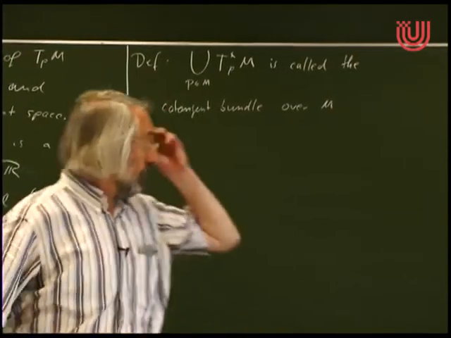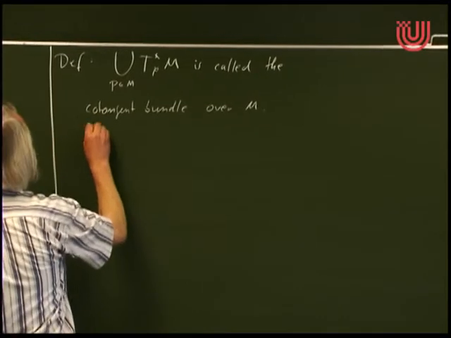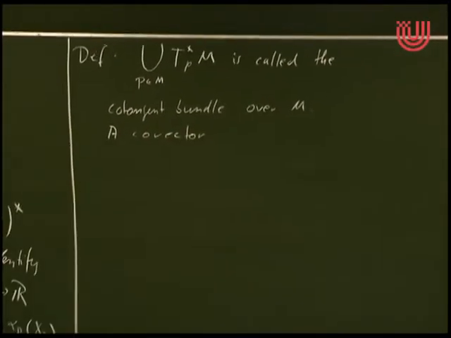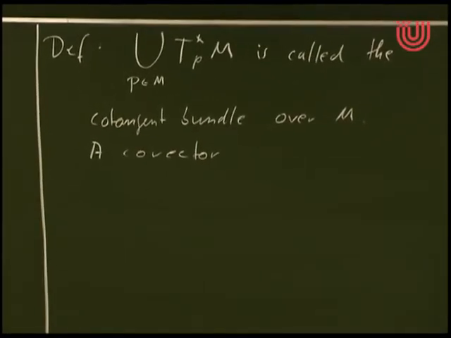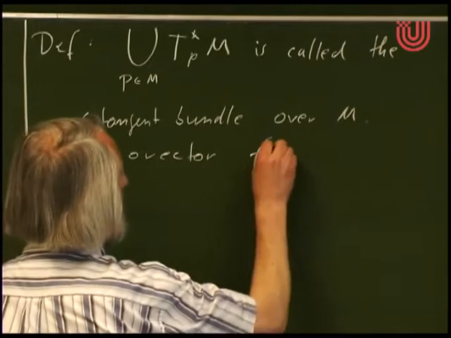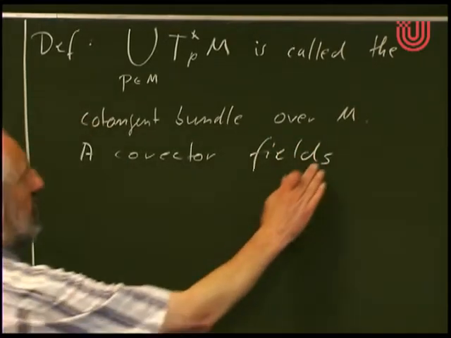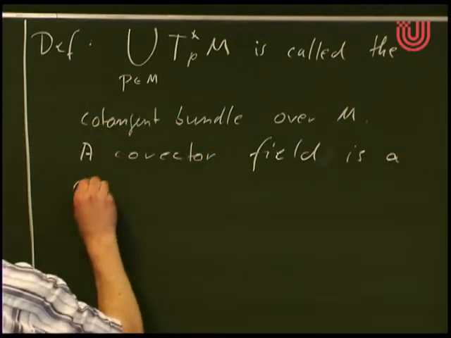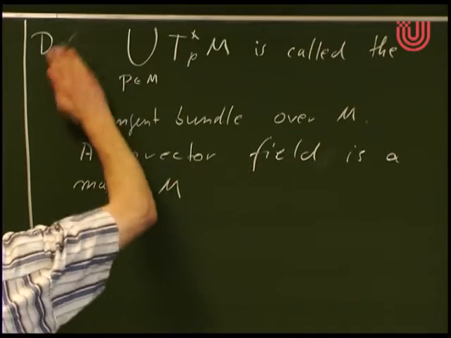I haven't written this yet. I have written what the cotangent bundle is, and then of course a covector field. We had vector fields as maps which assign to each foot point a vector at this point. And a covector field, surprise, is now something which assigns a covector. Oh, I forgot to write the symbol here.